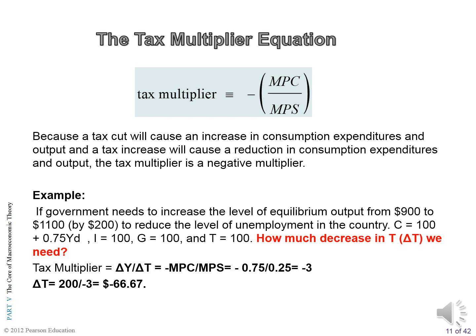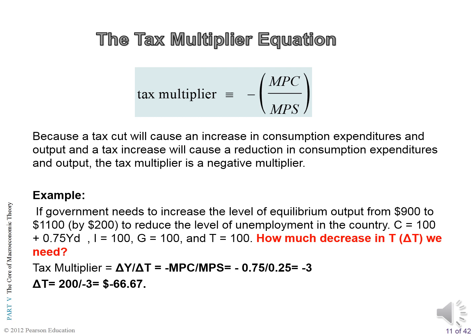Easy so far? In the previous example of government spending, what did we do? We had to increase G by $50 for Y to increase by $200. But here, assuming that G is constant, we need to decrease taxes by more than 50, which is 66.67, to increase Y by 200.